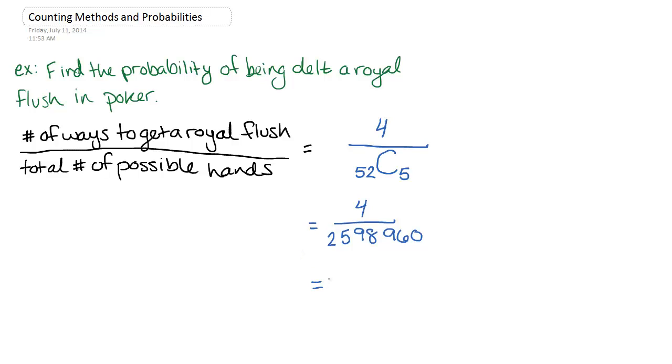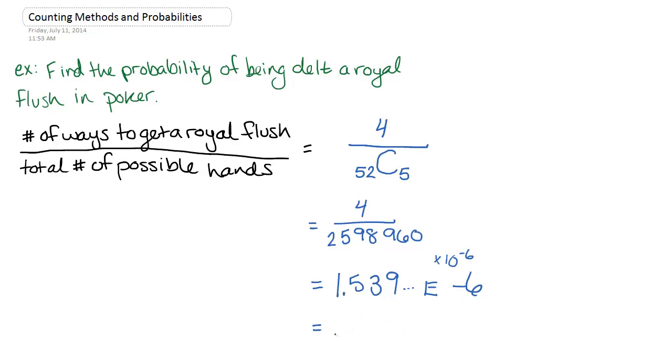And then we could compute a decimal for this if we wanted to. If you compute this on the calculator, you'll see an answer something like 1.539 and some more digits, and then that capital E -6. Remember, this is scientific notation, so this means times 10 to the -6 power.